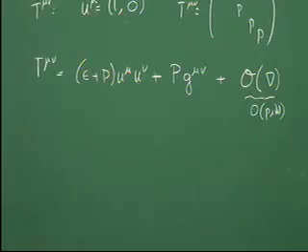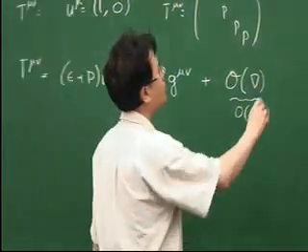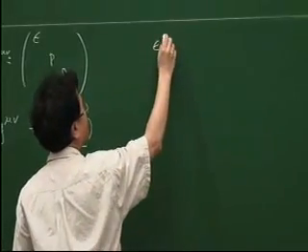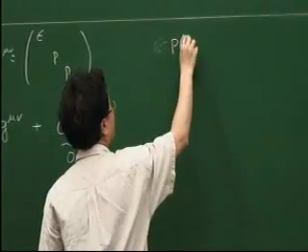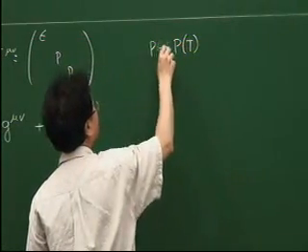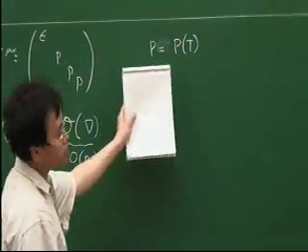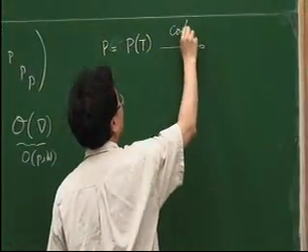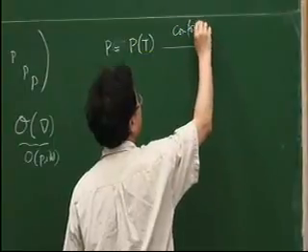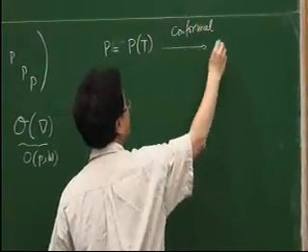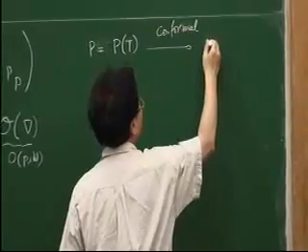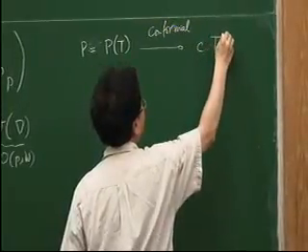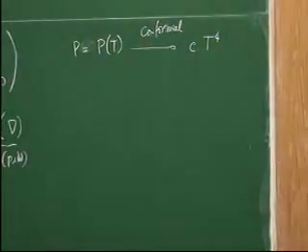Okay, so let me also write down here some facts about the relationship between pressure and energy. Pressure is a function of temperature. In a conformal system, for conformal theory, the pressure is restricted by scale invariance to be some constant times T to the fourth in 3 plus 1 dimensions.